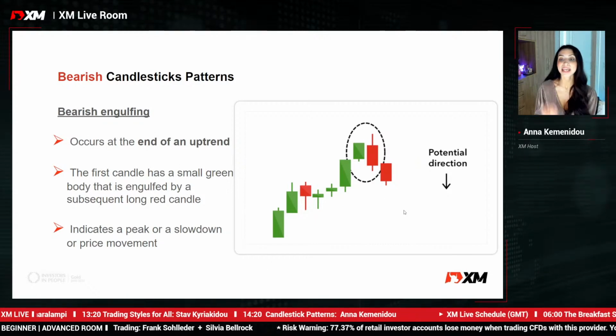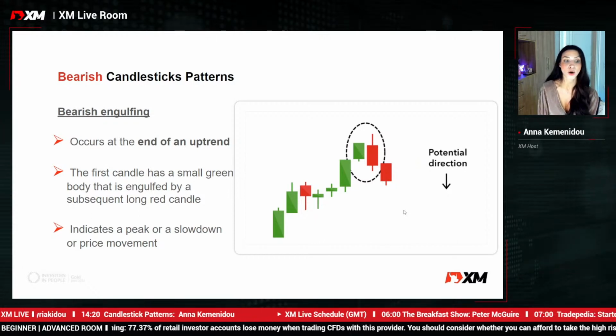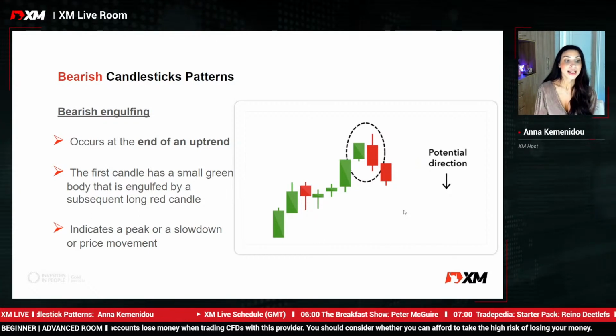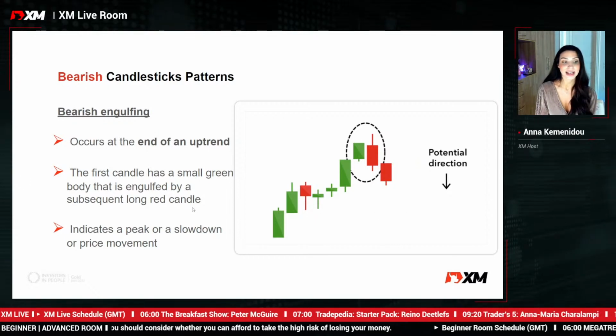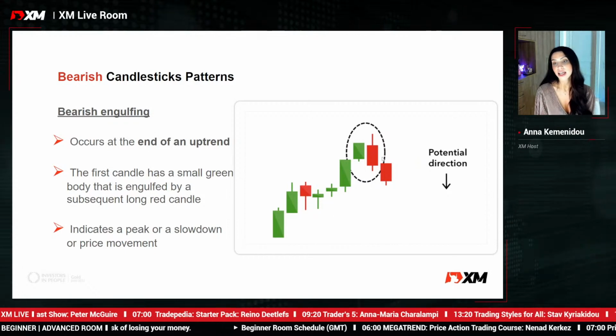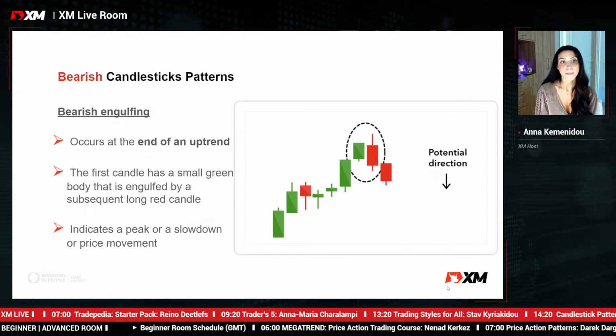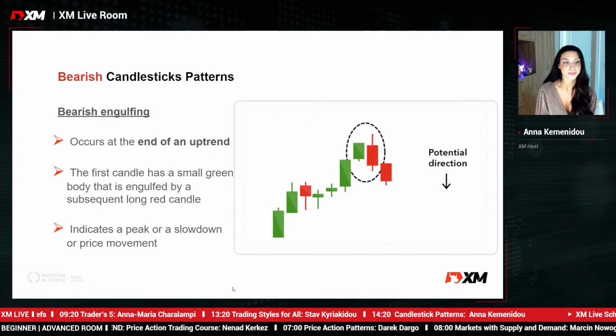It signifies a peak or slowdown of price movement, and it is a sign of an impending market downturn. The lower the second candle goes, the more significant the trend is likely to be, and therefore the potential direction is slowly and gradually going to be moving downwards, okay? Bearish engulfing, very important bearish candlestick pattern that you should know, guys.